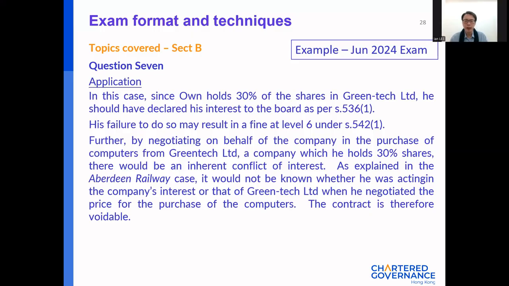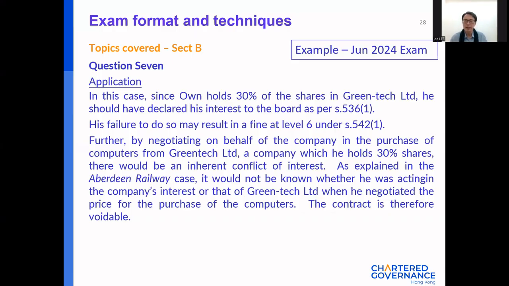Further, by negotiating on behalf of the company in the purchase of computers from Greentech, a company in which he holds 30%, there would be an inherent conflict of interest. As explained in the Aberdeen Railway case, it would not be known whether he was acting in the company's interest or that of Greentech when he negotiated the price for the purchase of computers. The contract is therefore voidable.